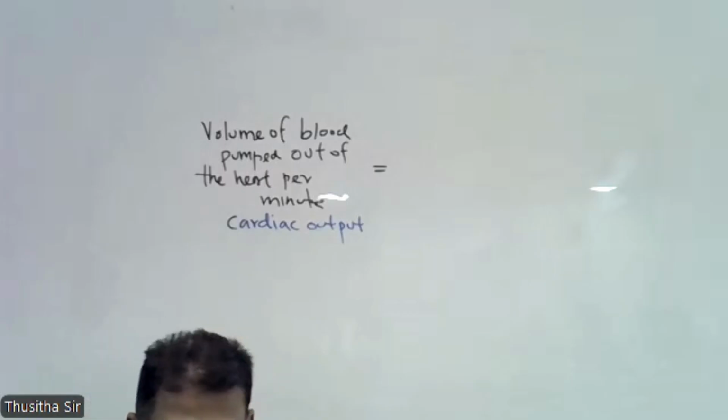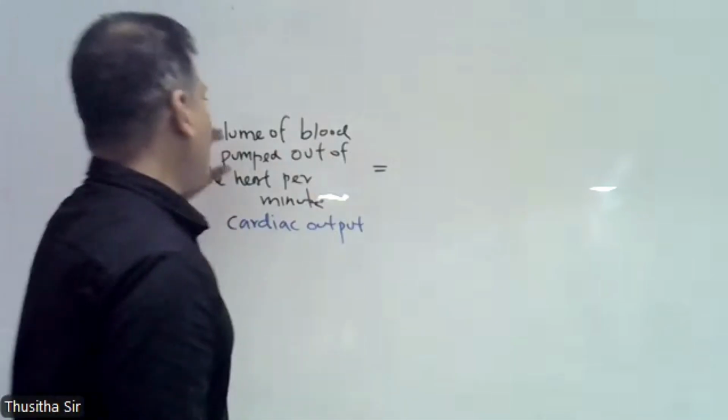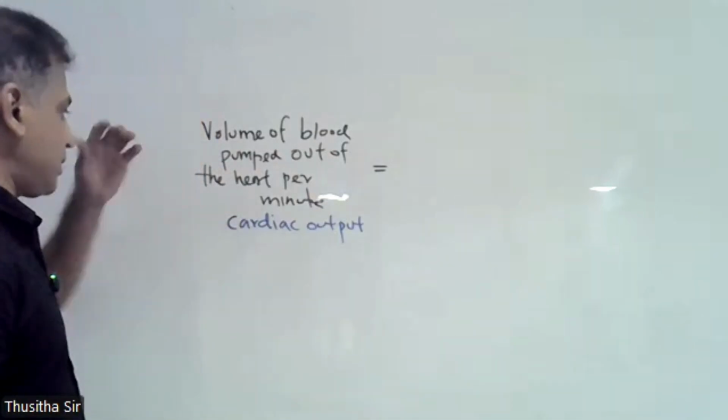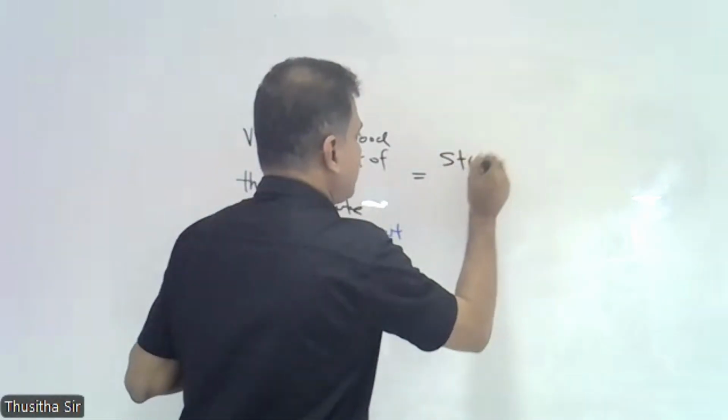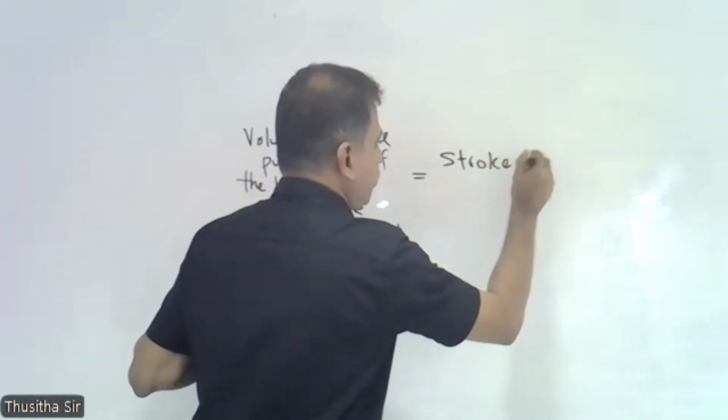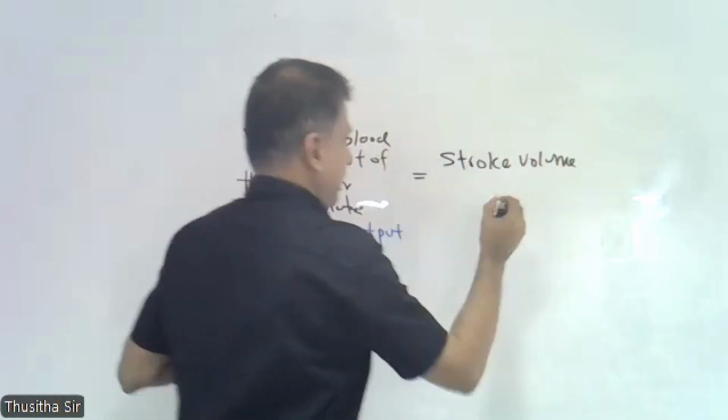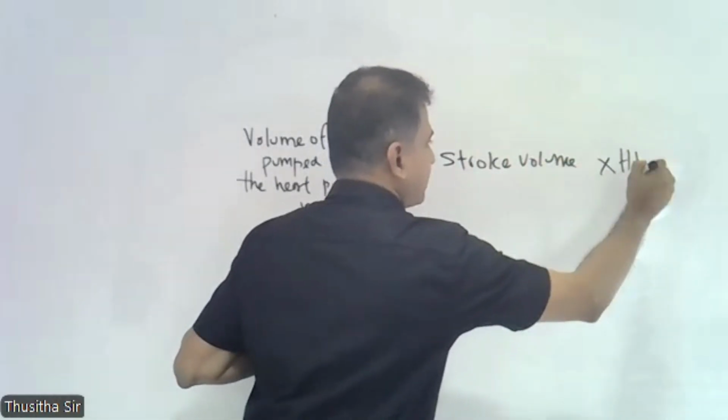Okay, just the last thing to finish before we go to the control of the heart rate. The volume of blood pumped out of the heart per minute is cardiac output, which is equal to stroke volume times heart rate.